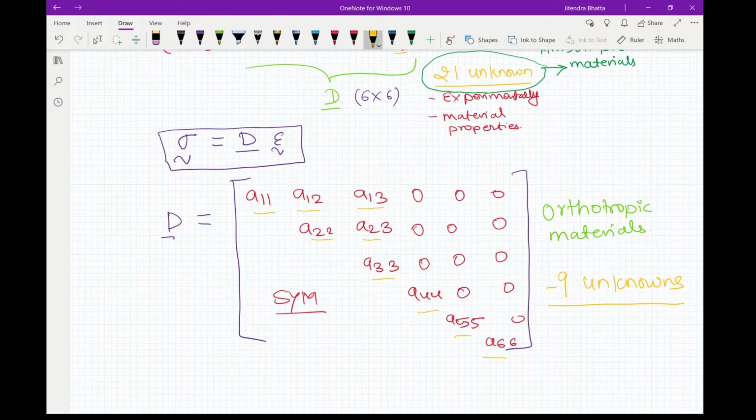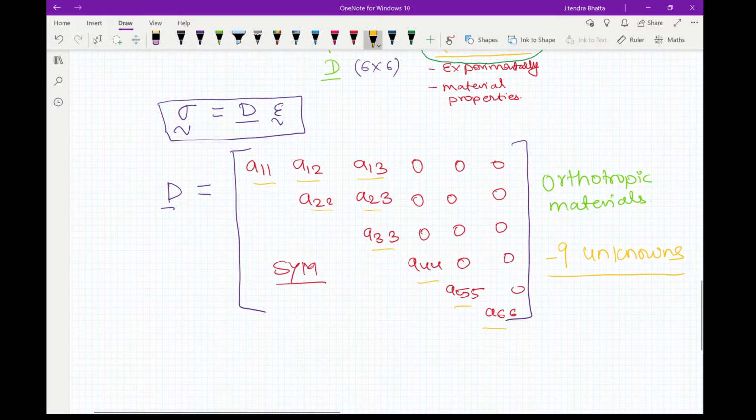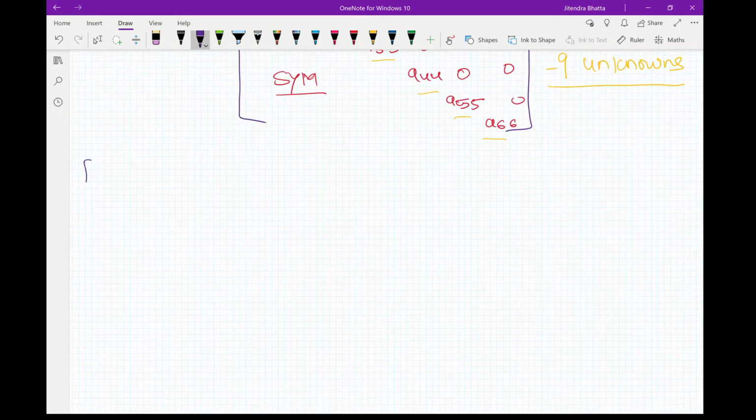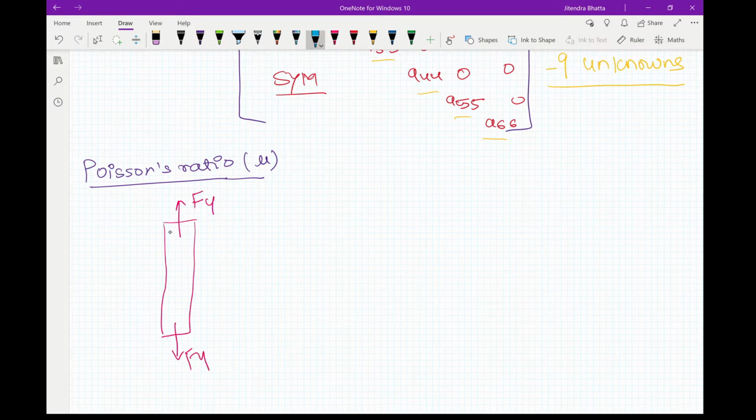Before moving further, I would like to introduce a term called Poisson's ratio, which is very important. As discussed earlier, when you pull a rod, it will decrease its cross section like this. Now the relation which defines by how much this dimension reduces when we increase the length of the element in another dimension is given by Poisson's ratio, mu.